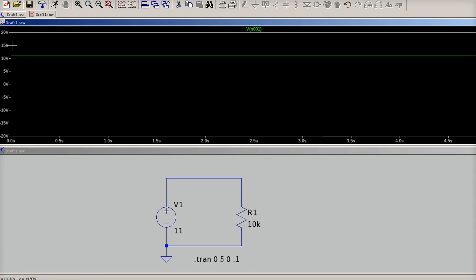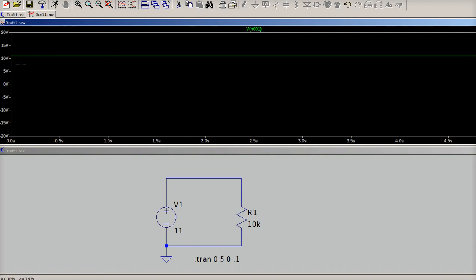In LT Spice, the little tick marks are over here on the side, and each of the tick marks will be worth so many volts. So the intention was to set up the grid, and I'm going to look into that, see if I can set up a grid across there so you can actually count what happens.